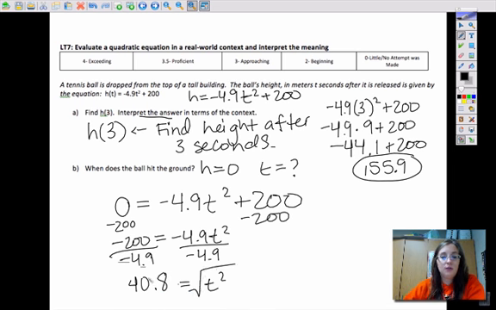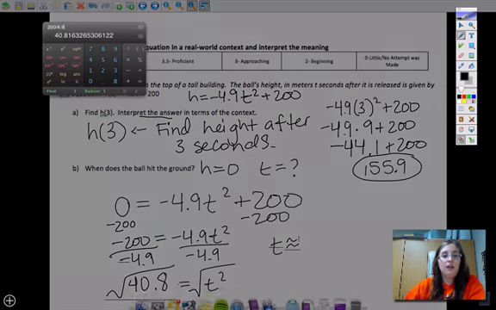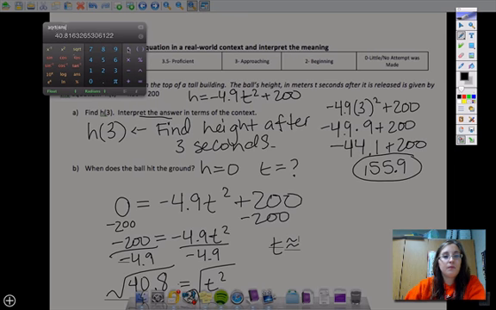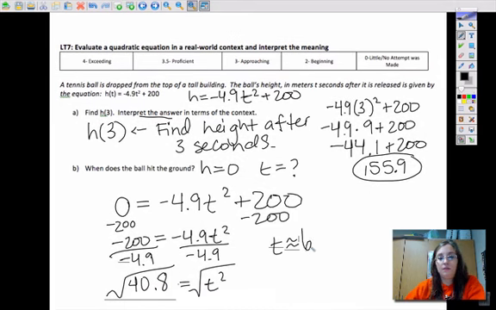Now I can take the square root, and I can get that t equals approximately 6.39 seconds. Okay?